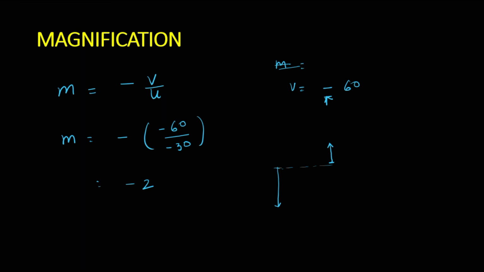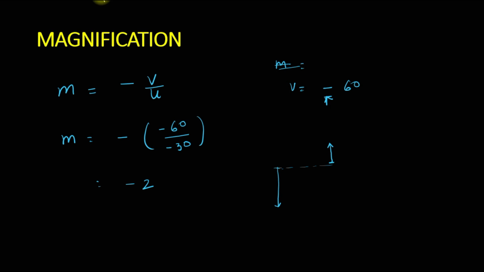So the image so formed is 2 times larger, inverted and real, because here the magnification is minus 2, and as per the theory of the relative position of the image of a concave mirror, it is real.